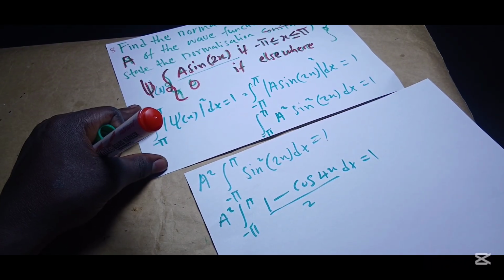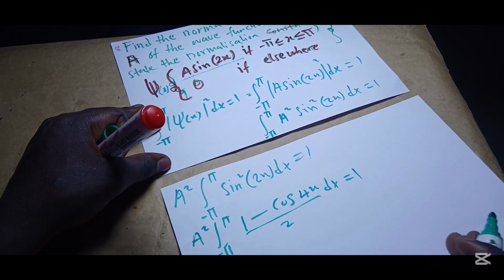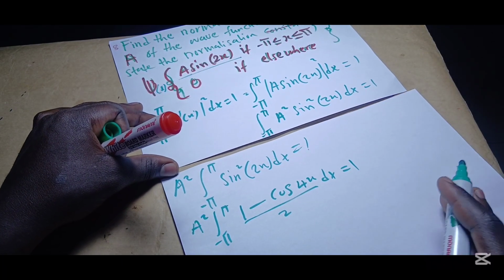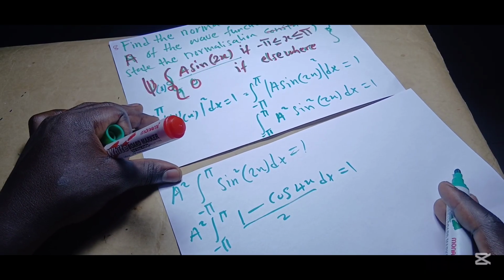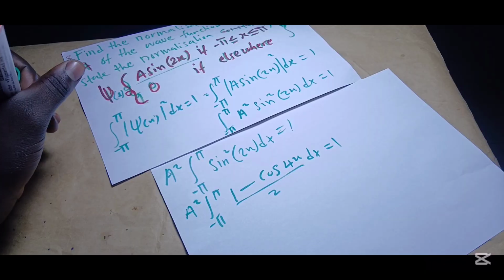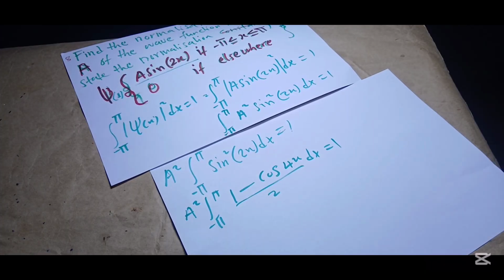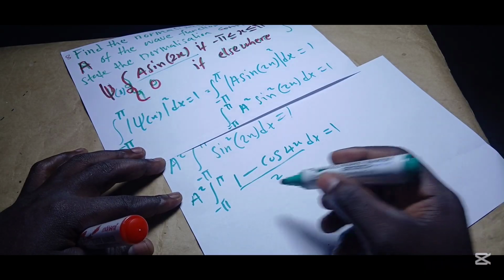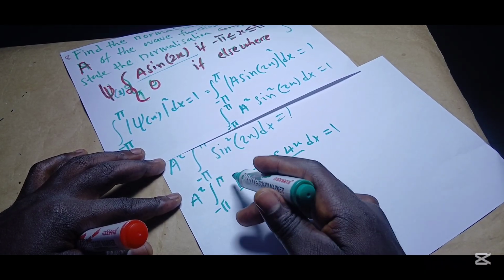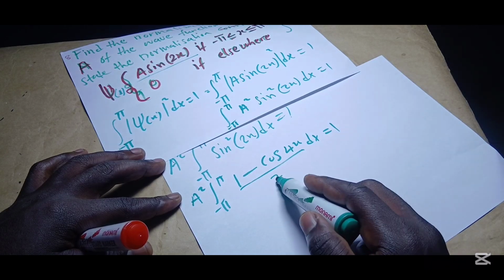Since wave functions are usually in the sine form, this trig identity form, it is easier to keep them in memory in order to help improve your problem solving skills. So now the next thing we want to do is to factor half out. This is the same as half multiplying this to get 1 over 2 here.